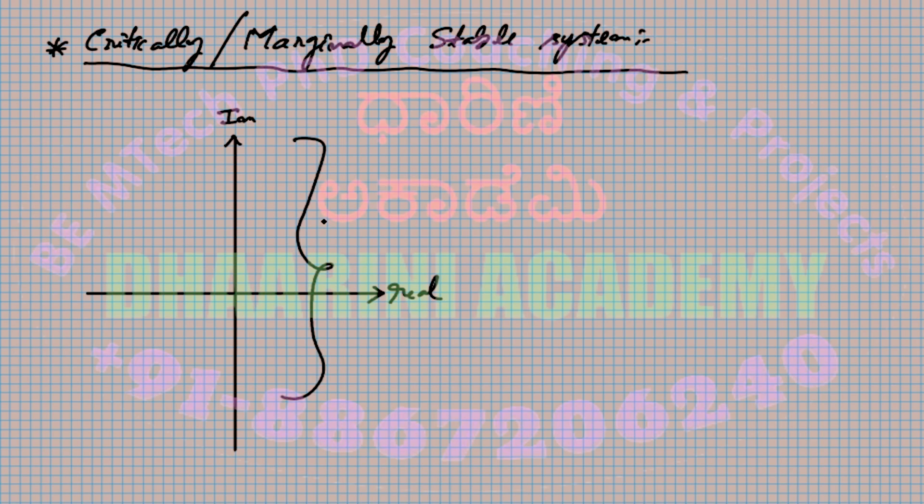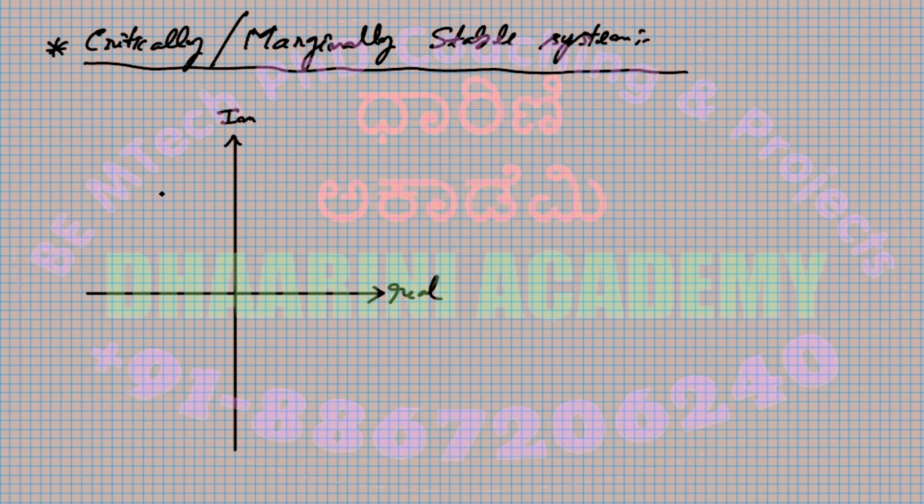Any pole present, we are talking about poles, not zeros. No problem with the zero. You have a pole means you have a problem. Now you tell me where is the margin of these two cases? The vertical line is the imaginary axis.